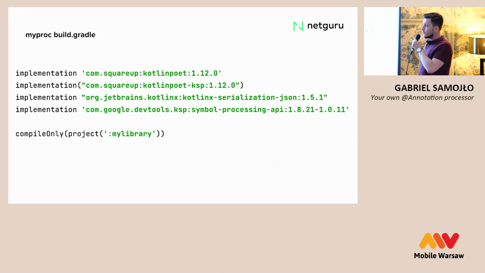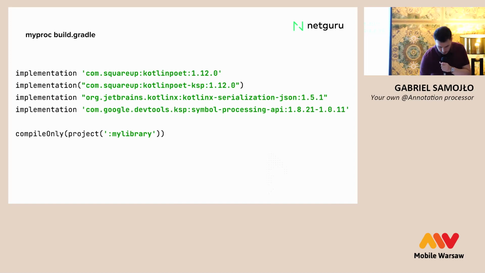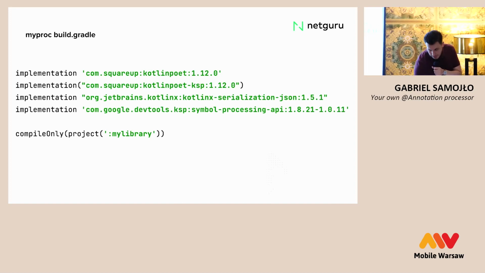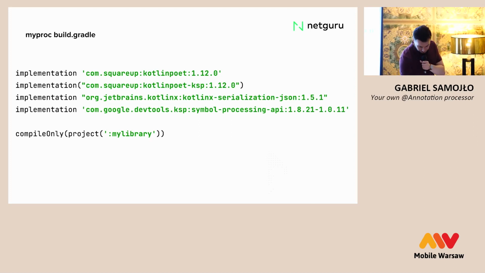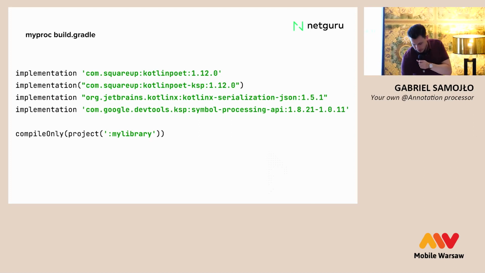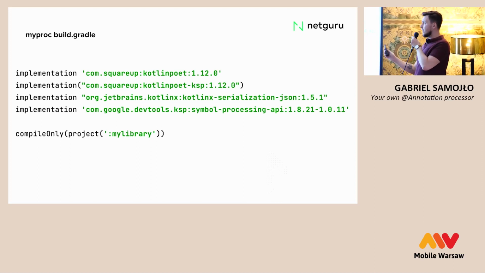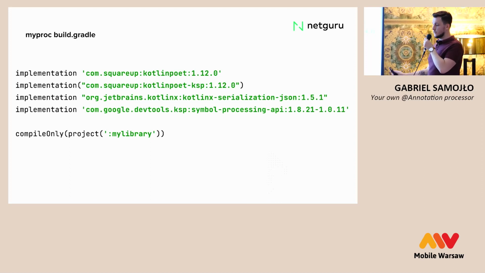So let's navigate to our second module, the processor module, and let's add a bunch of dependencies. We have Kotlin Poet, which I will explain a bit later. Some stuff from JetBrains and Google, that's boilerplate code, let's say.